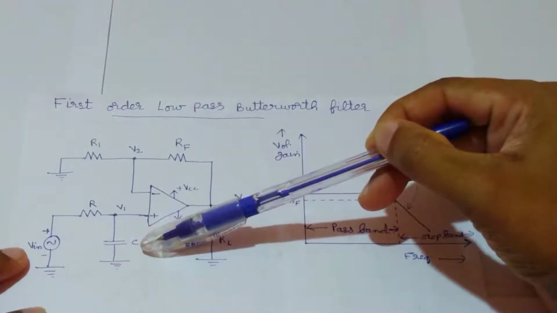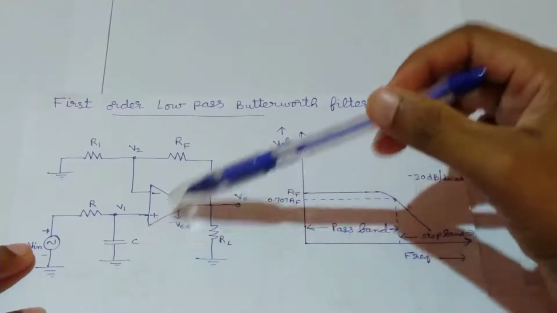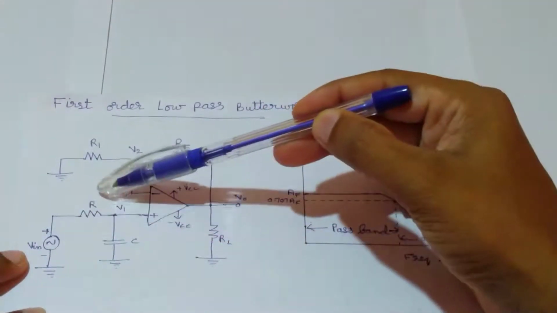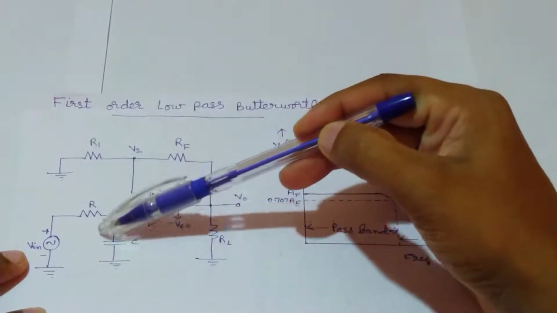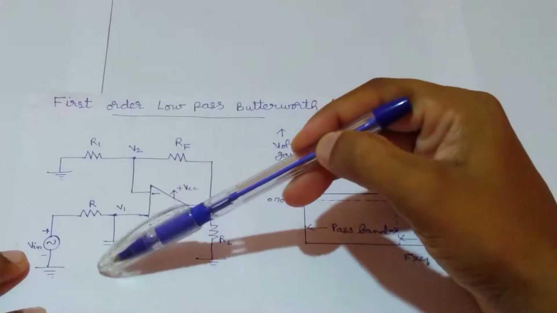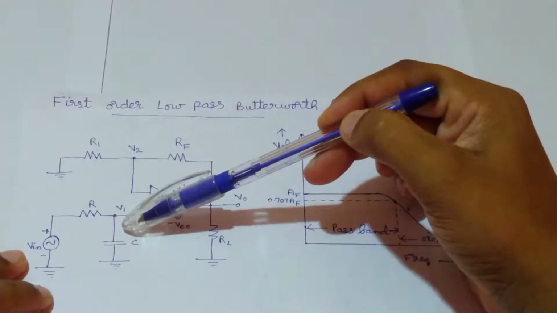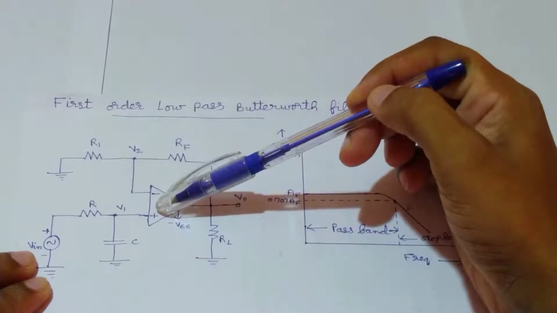By voltage division rule, we can calculate the voltage across this capacitor, because here we are applying the input voltage Vin, and here we have a resistance R and a capacitor C. So we can find the voltage across this capacitor C by using the voltage division rule, and that voltage is the voltage at the non-inverting terminal of the op-amp.